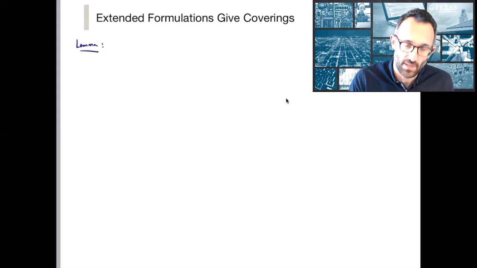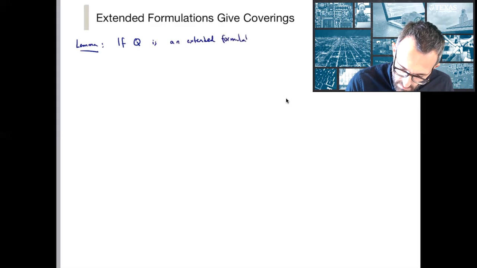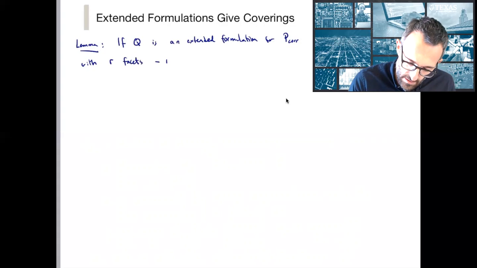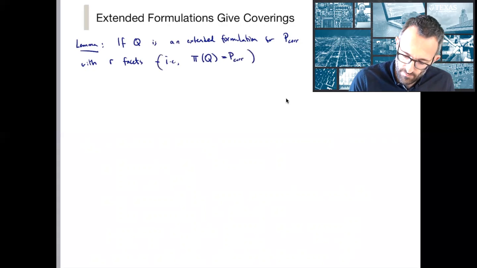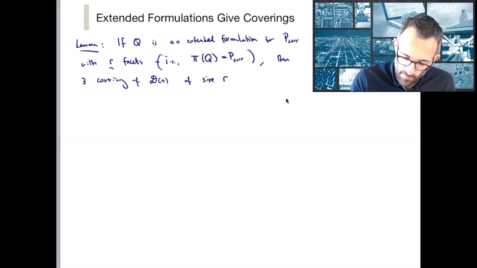It's going to tell us that if Q is an extended formulation for the correlation polytope with R facets, in other words, i.e., there exists an affine map pi, so that pi of Q is equal to our correlation polytope, then there exists a covering of D of n of size R, the number of facets.